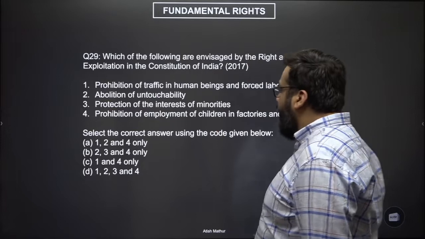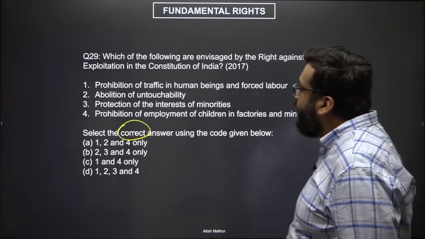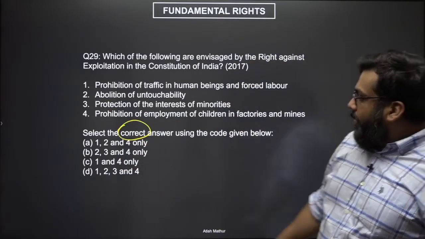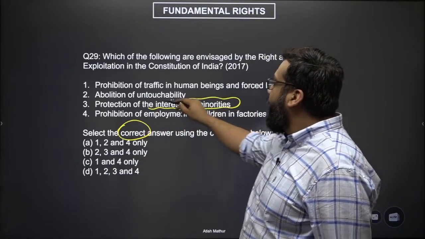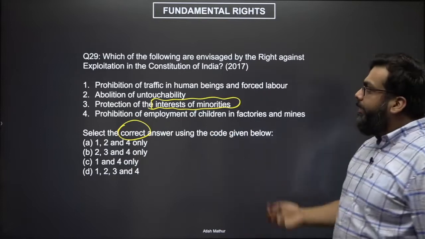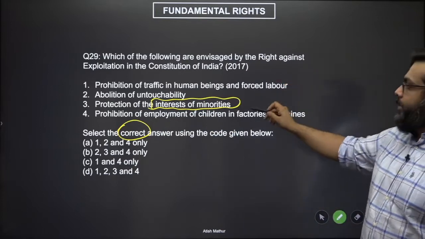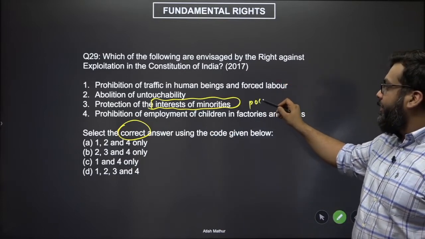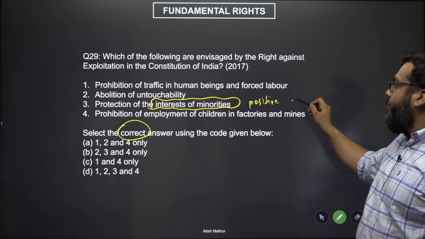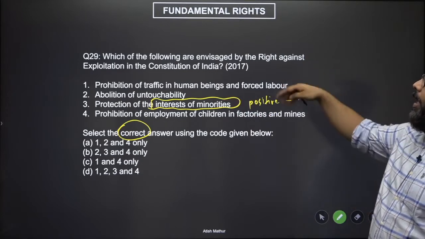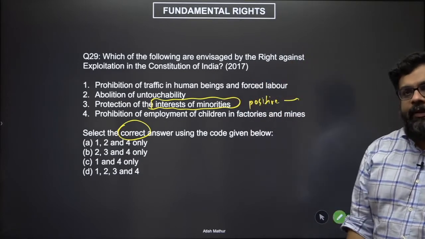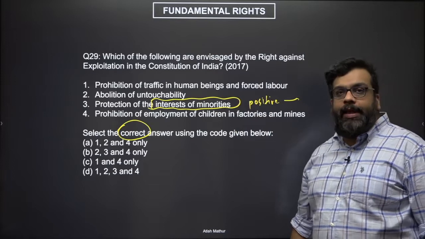Now let us see. We've got a very easy one, protection of the interests of minorities. You have to apply the devil's advocate. This is positive in nature, that we have to give them more support to further enhance what makes them a minority. Exploitation is fundamentally negative, that we have to prevent anything negative happening.